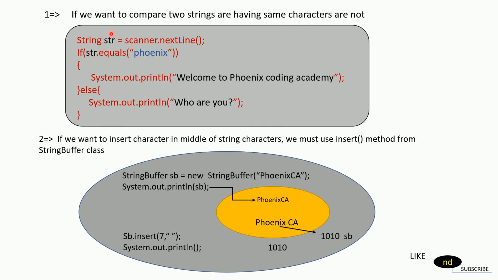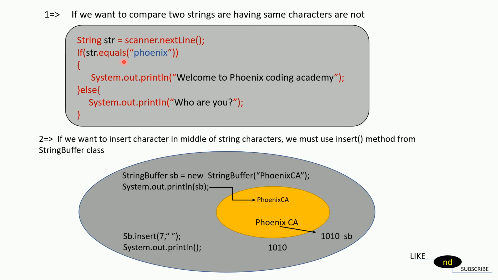Here I am taking input from the user with the help of Scanner and keeping it inside this variable. This variable will be checked with the equals method, right? As an argument we will pass "Phoenix" inside the equals method, and we are taking input from the user. We will check whether the variable's characters and the equals method's characters are the same or not.